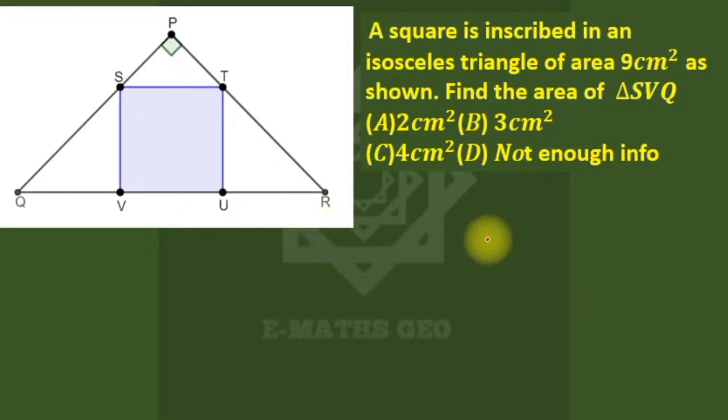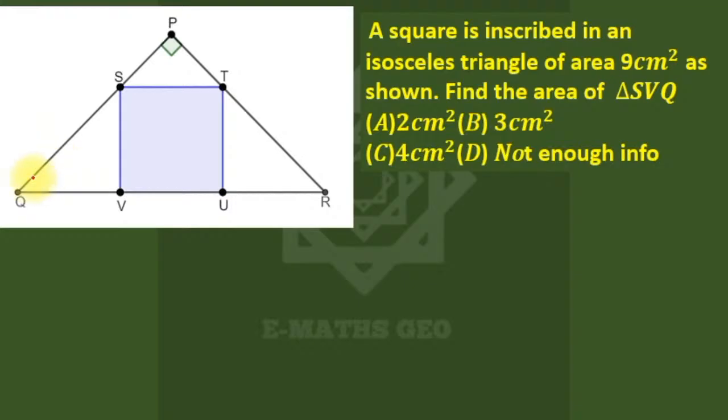A square is inscribed in an isosceles triangle of area 9 cm square as shown. Find the area of triangle XSVQ. Okay, so they told us this is an isosceles triangle, and we know in an isosceles triangle, the two sides are congruent.